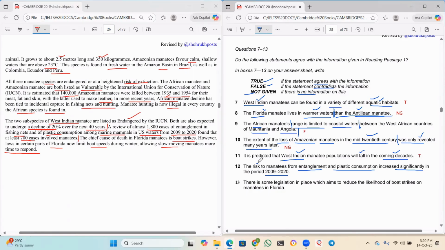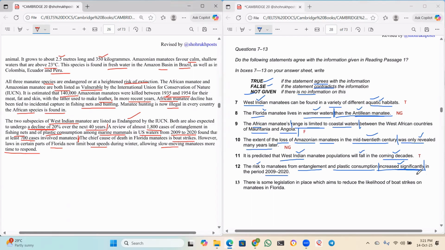It says the risk to manatees from entanglement and plastic consumption increases significantly. This is the word we have to concentrate on in this period. Did he say increased significantly anywhere in the passage? See, the review of almost 1,800 cases of entanglement in fishing and plastic consumption in US waters in this period found at least 700 cases involved manatees. That's it.